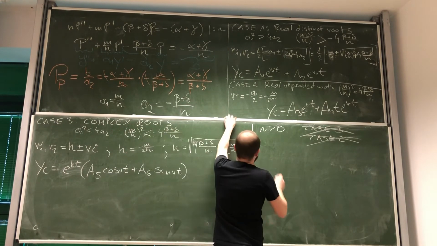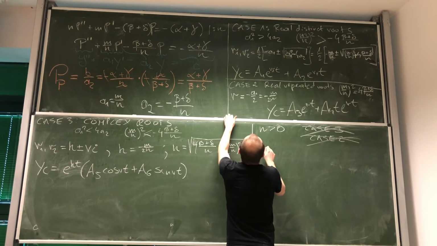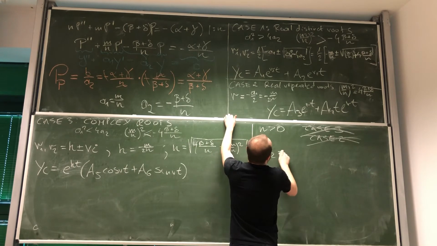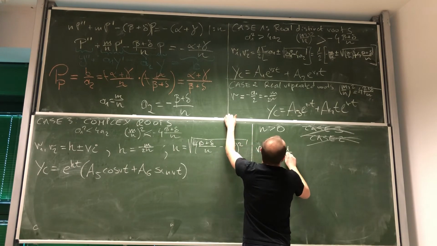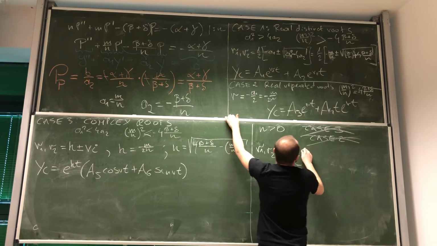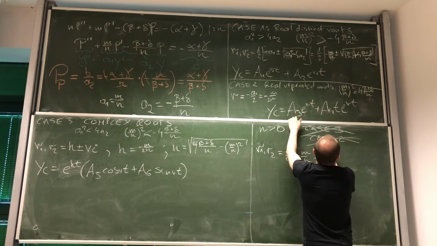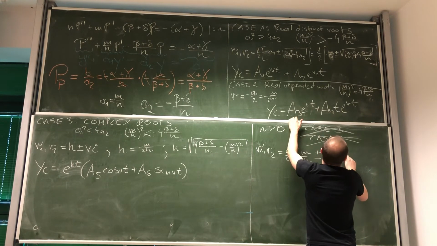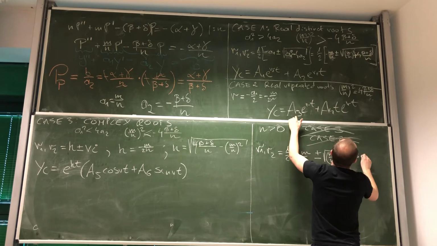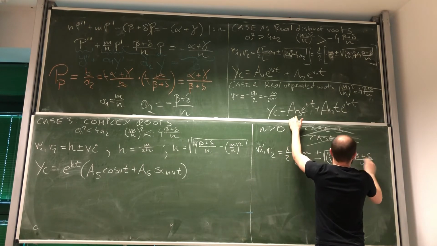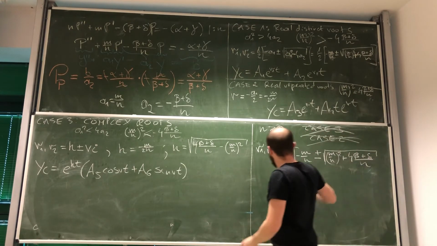And what do we have in case number 1? r1 and r2 are equal to 1 over 2 times negative m over n plus minus the square root of m over n squared plus 4 times beta plus delta over n.